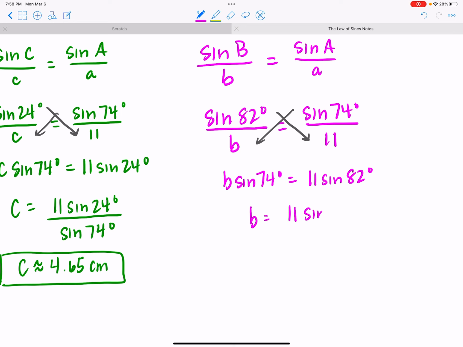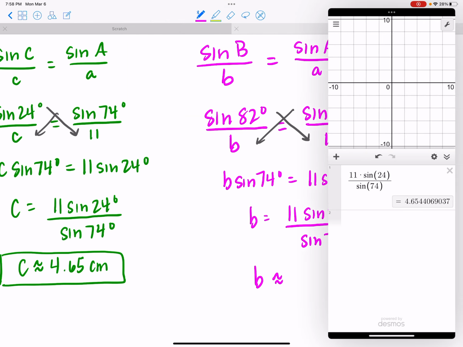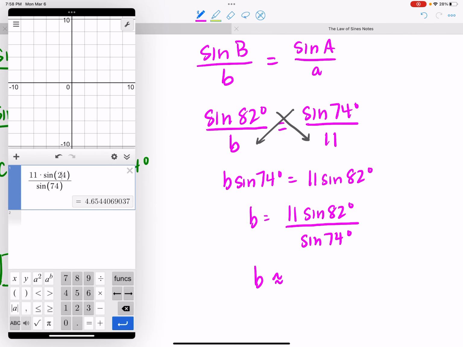So 11 sine of 82 divided by the sine of 74 is our exact answer, and we're going to go to the calculator to approximate. So 11 sine of 82, and on the bottom we still have 74, so this is going to be about 11.33 centimeters. And again, we are done.